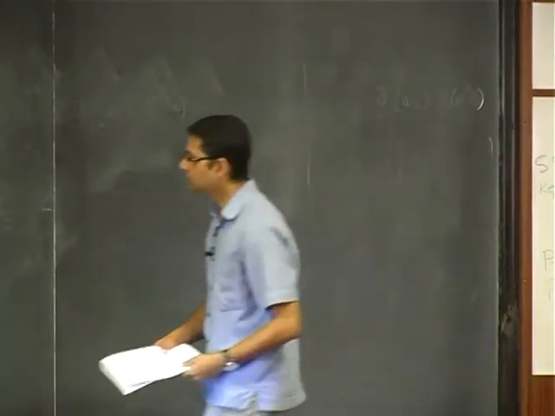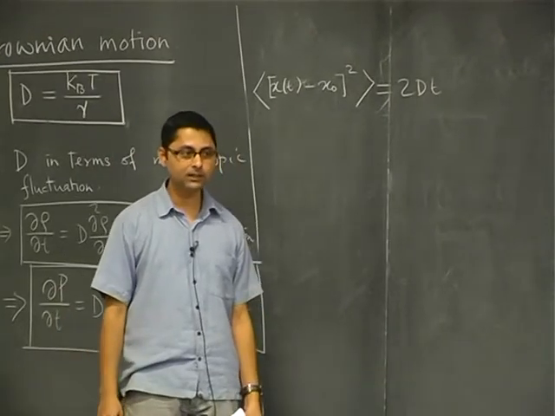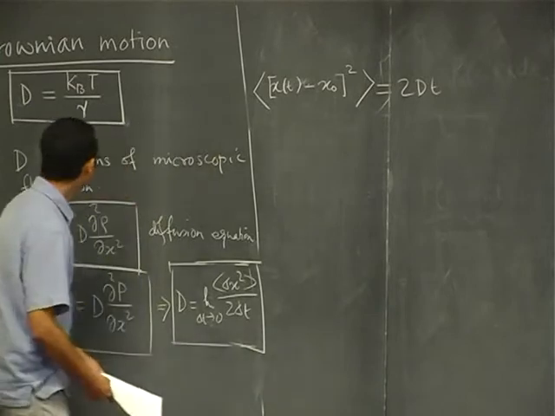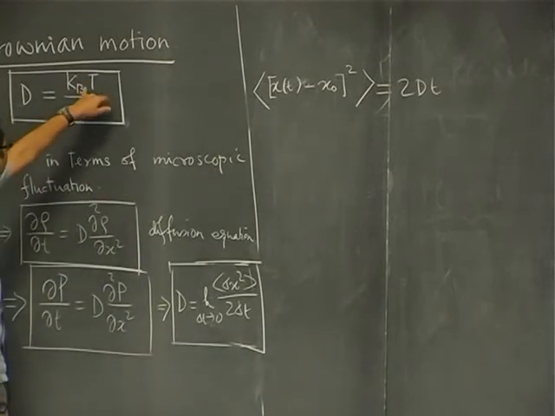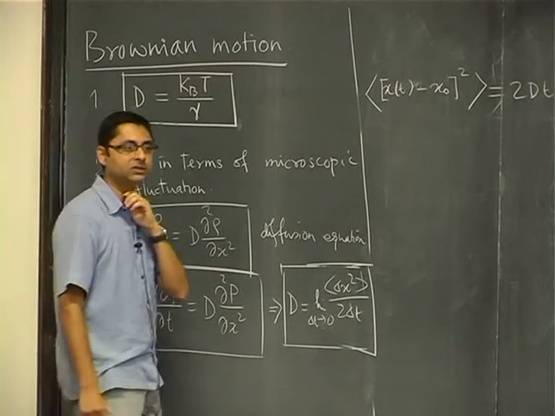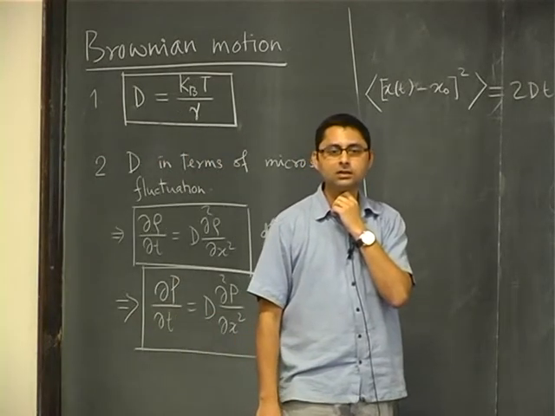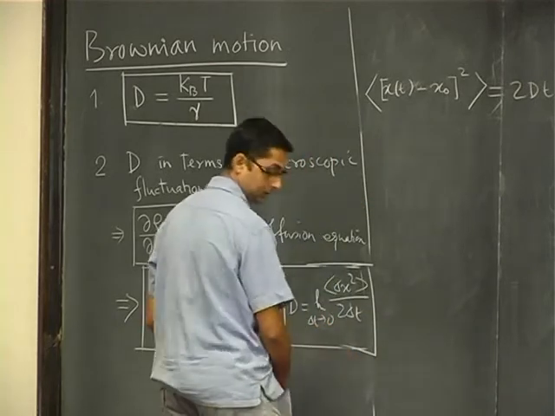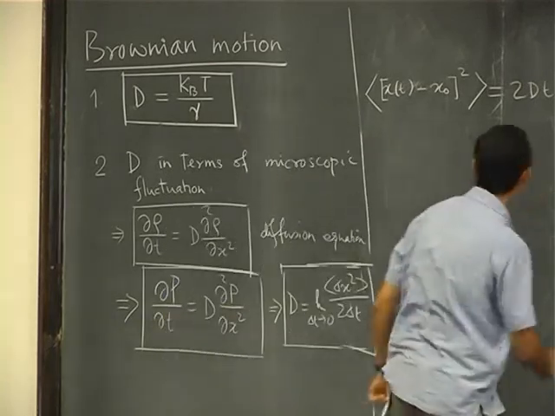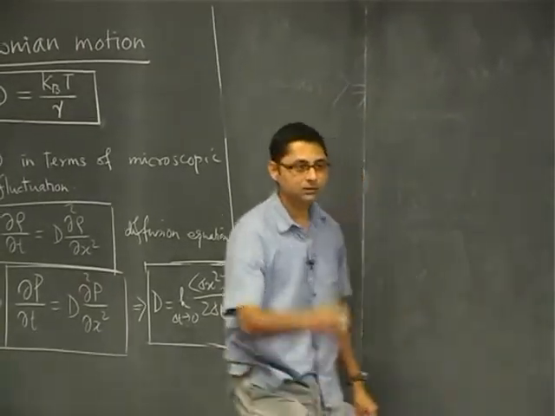Okay, it's a very good question. Now you have these two definitions of the diffusion coefficient. What do you do with that? What is Kb in terms of the gas constant? Kb is R by Na. I was supposed to mention that, but I didn't, so it is a very good question.